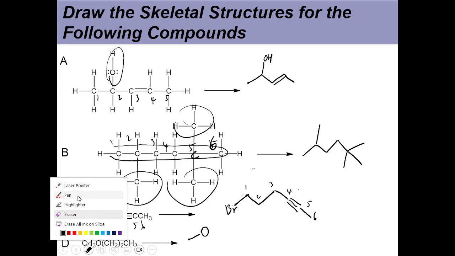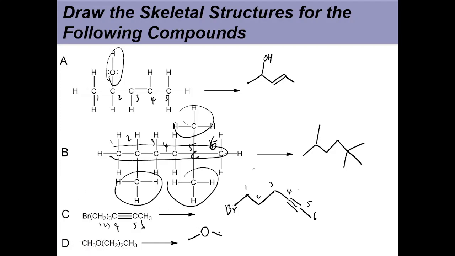And this oxygen is further attached to CH2 in parentheses with 2, meaning this CH2 repeats. There's a CH2, another CH2. The CH2 is attached to another CH3. So CH3 is this carbon, the CH2s are these 2 carbons, and CH3 will be the last terminal carbon.